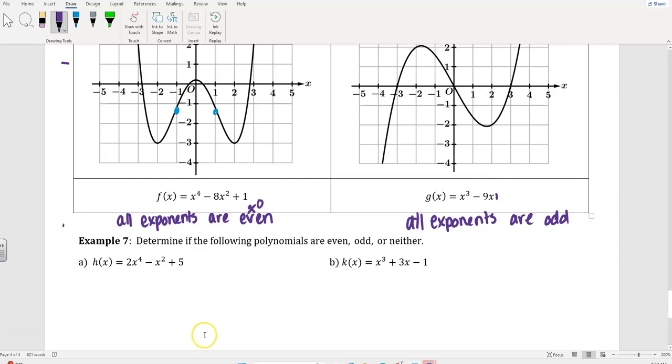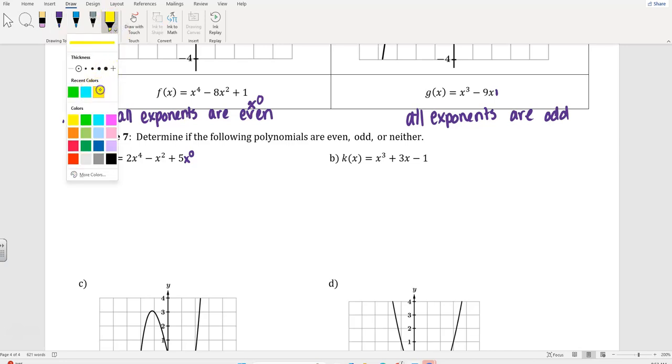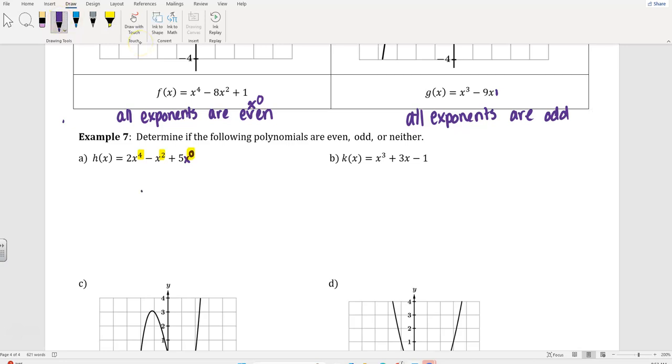Okay, so telling if a function is even or odd from an equation should be pretty simple. First of all, every term must have an x. So if it does not have an x, you're going to add one. And since that had no x at all, it needs an x to the 0. Then you just look at your exponents. 4, 2, 0. And all of those are even. This is an even function.